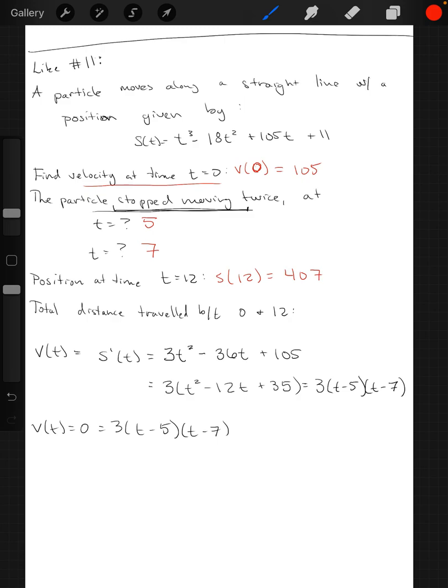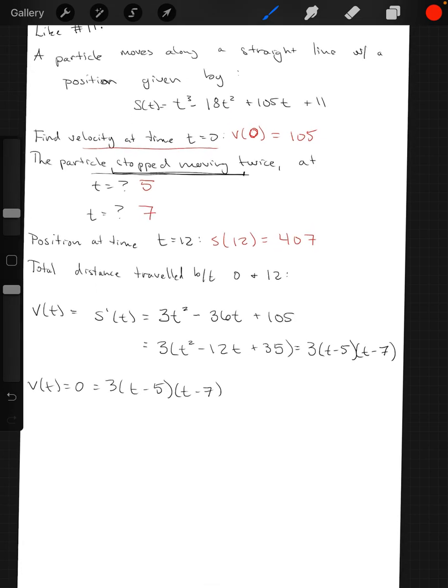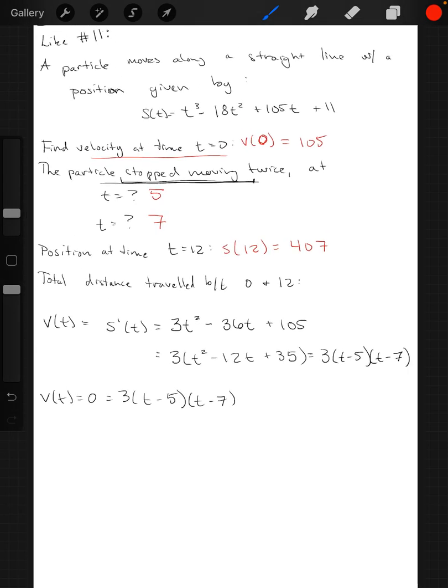All right, so the tricky one, the total distance traveled between. So, if we think about our velocity function here, we know it's going to hit 0 at 5 and at 7, and we know that its velocity over here at 0 is somewhere positive.